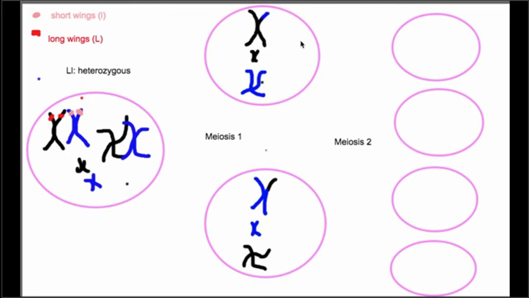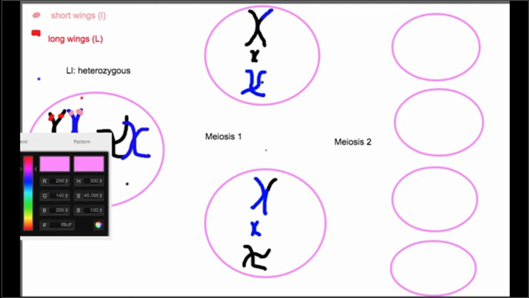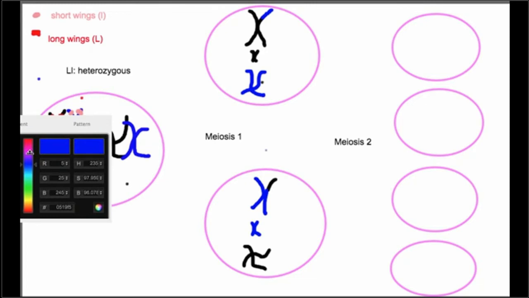Okay. And now let's put the alleles of interest. So we're tracking, oh, can I get the same color again? Oh yeah, okay. Here, this.